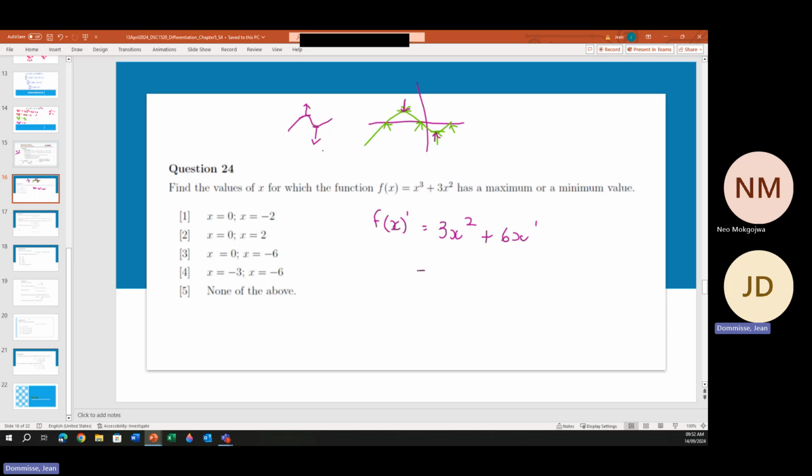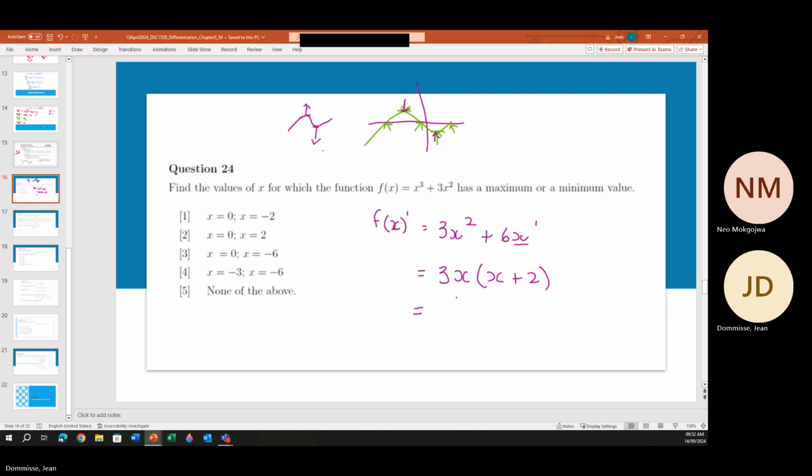Now we can simplify this a bit and take out all the x's. We can also take out the 3, so we take out 3x. What is left in this one is x, and what is left in this one is 2.